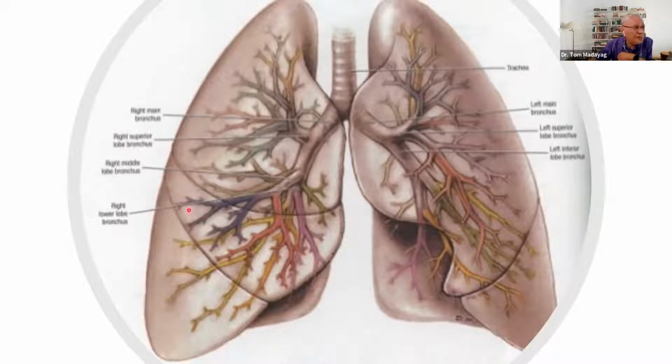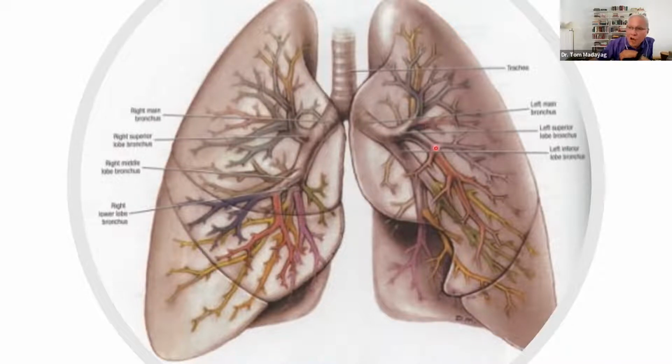As you can see, there are three lobes, and they are separated by these structures, called the horizontal as well as the oblique fissures. These lobes are the superior lobe, the middle lobe, as well as the inferior lobe.